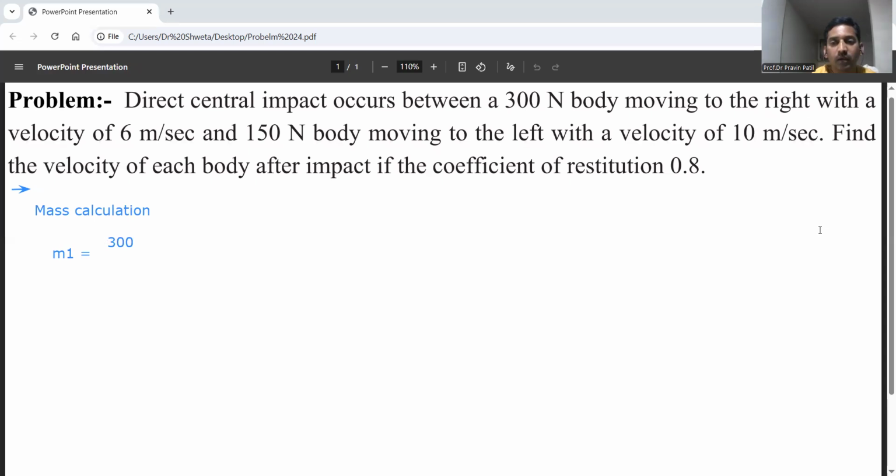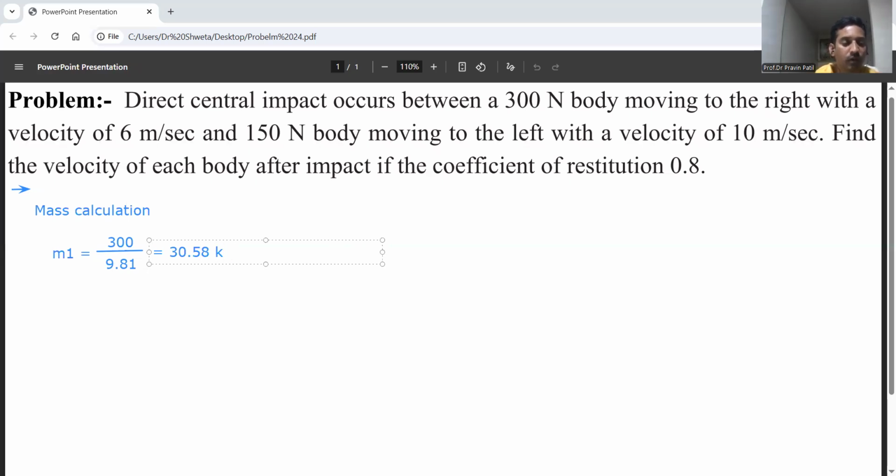Since the weight is given in Newton, you have to convert it to kg. So 300 divided by 9.81 will give the mass in kg. It will be 30.58 kg.